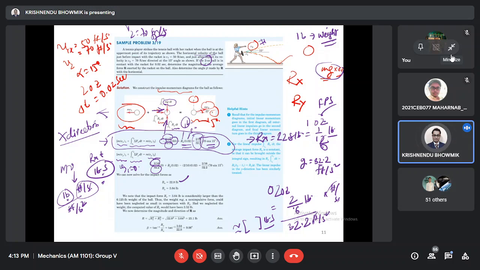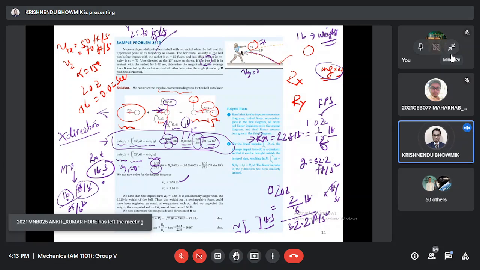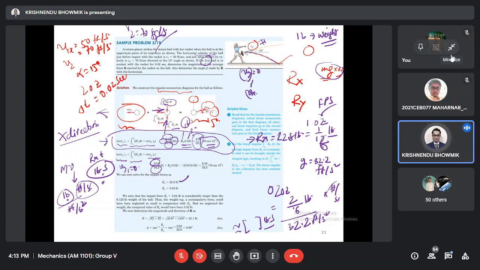There is no vertical velocity, because it is told that a tennis player strikes the tennis ball with her racket when the ball is at the uppermost point of the trajectory. At this uppermost point, that means Vy was 0 before impact. Vy1 was 0 and Vx1 was given as 15 feet per second.